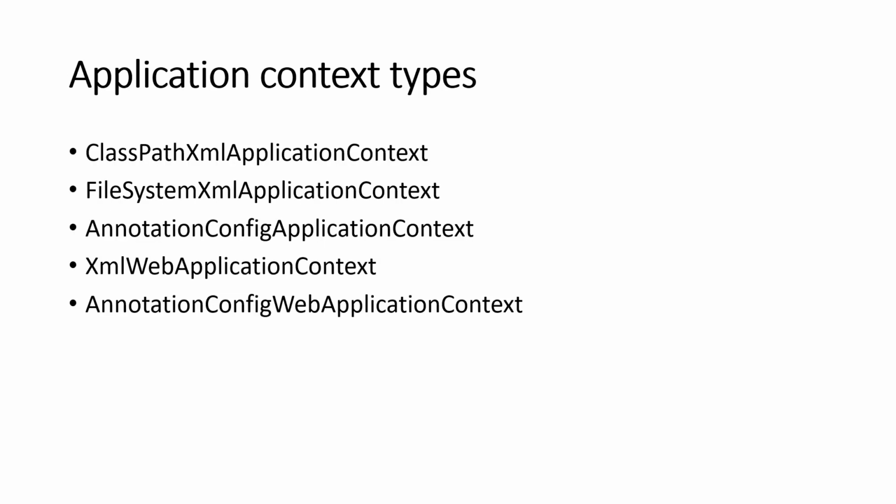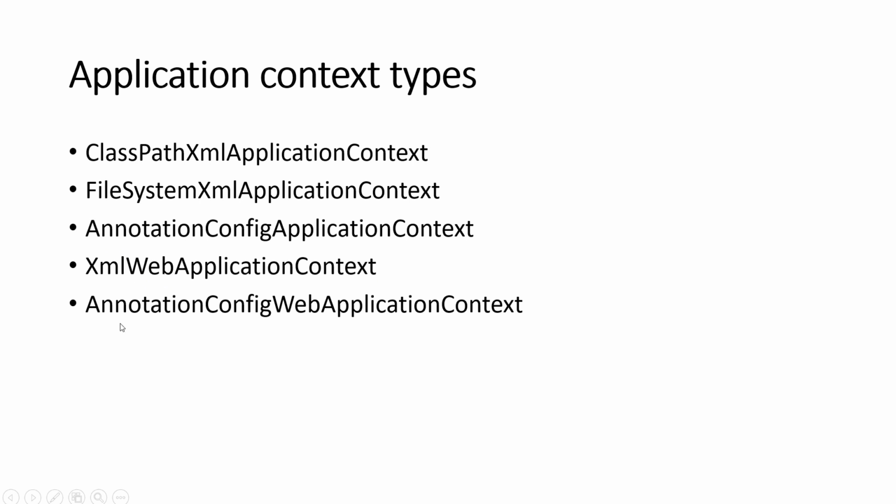And application context types, that's what we saw, right? ClassPath XML application context we saw, FileSystem XML application context we saw, annotation config application context we saw, and how we can configure also we saw. And these two, XML web application context and annotation config web application context. See, XML web application context, the name itself is saying that it is used in web applications.